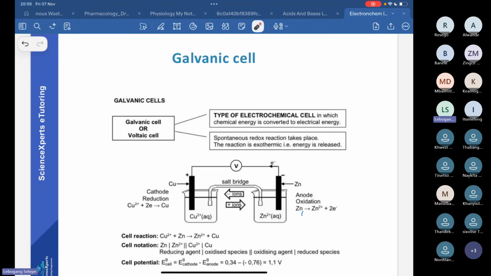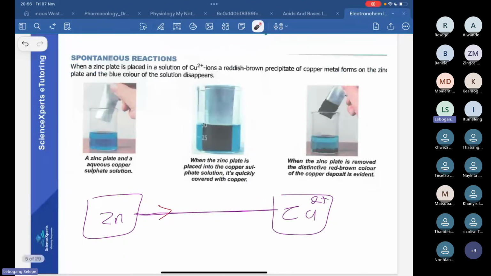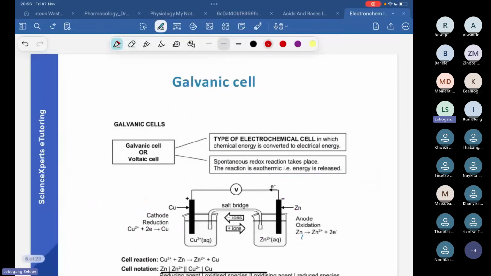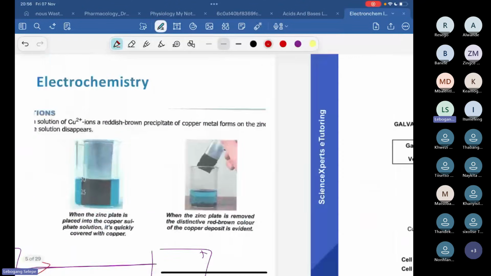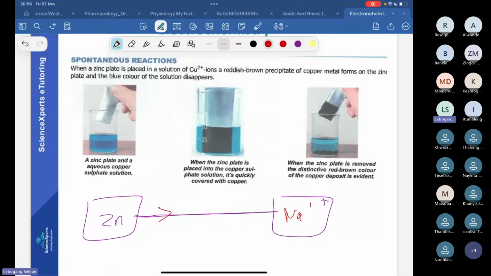It only happens if there's a spontaneous redox reaction. We cannot produce electricity from a chemical reaction that is not spontaneous. If the reaction is not spontaneous, even if I connect them, let's say we have Zn and Na+, a spontaneous reaction won't take place between those two.